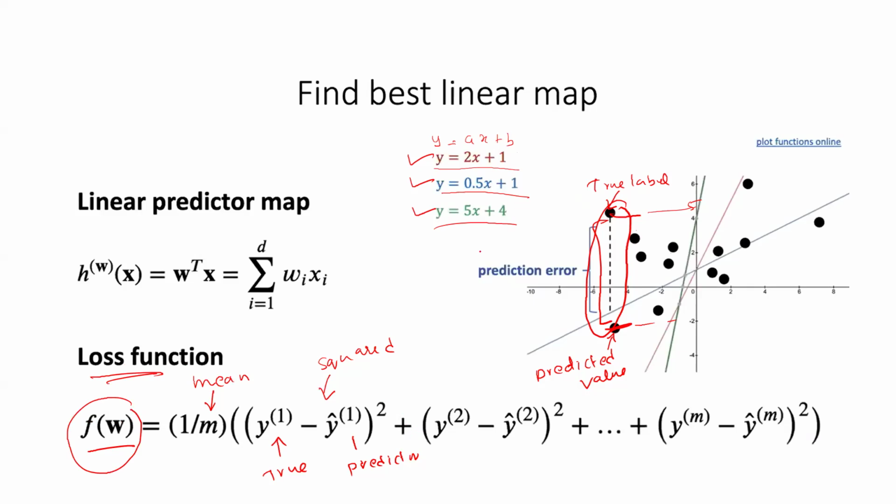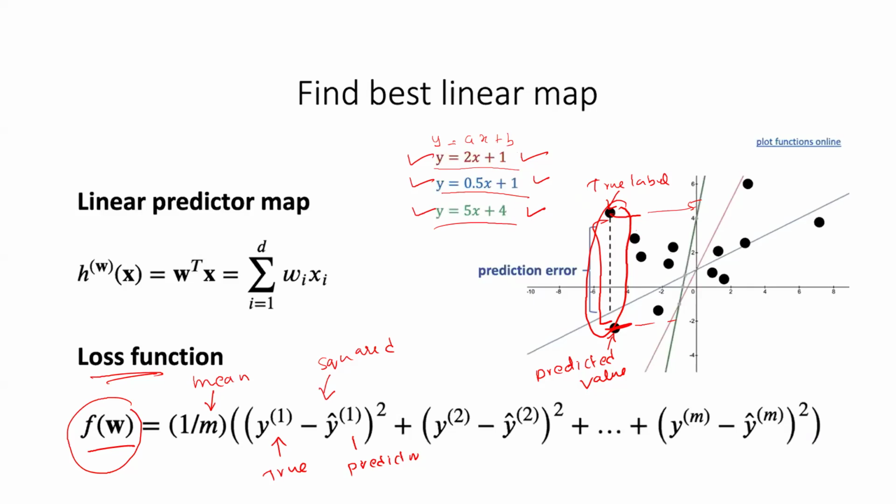To choose the best linear prediction, we need to use a mean square error loss to estimate the quality of the linear prediction.